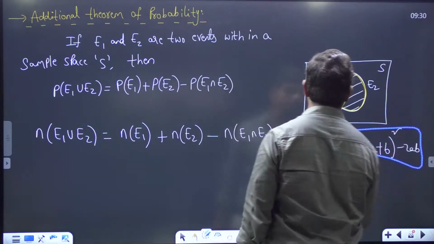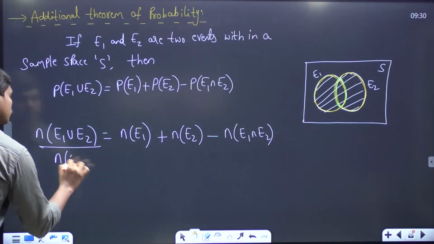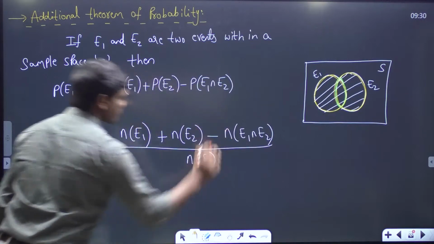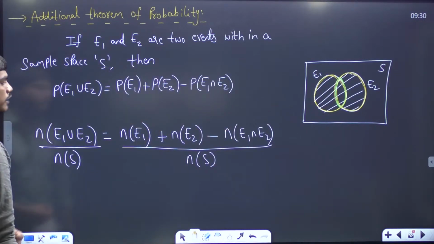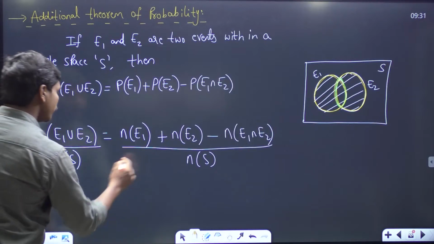So now if you divide this equation by n of S, since n of S is not equal to 0, because we are conducting some random experiment, we can divide this.